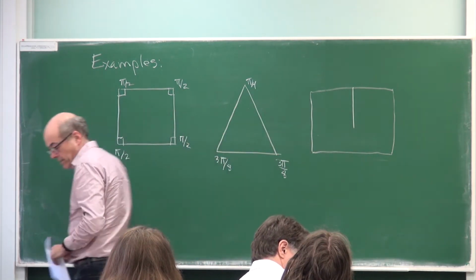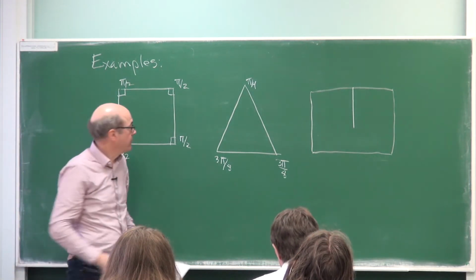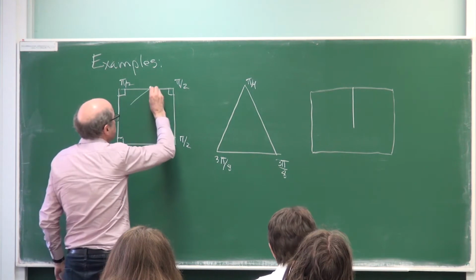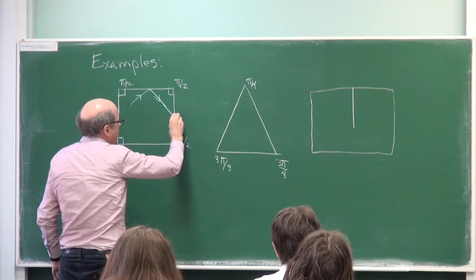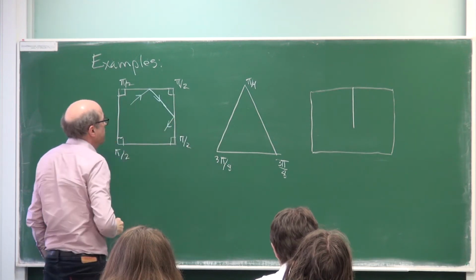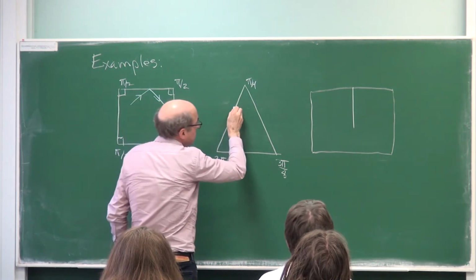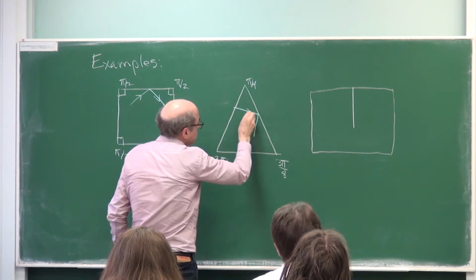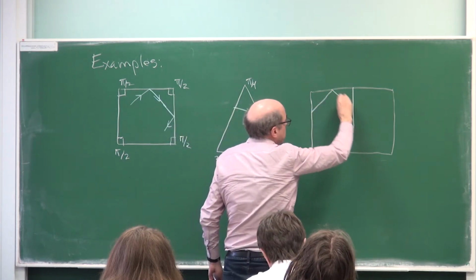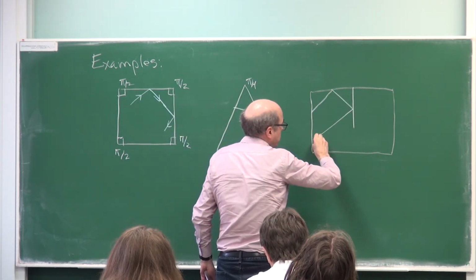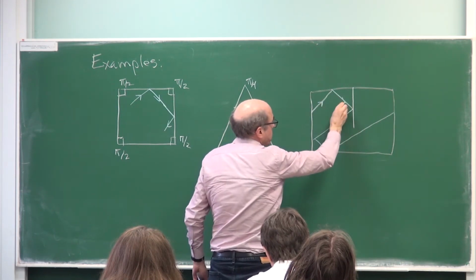And then I'm interested in the behavior of billiard trajectories in these tables. So those would be paths traveling at constant speed, so that the angle of incidence is equal to the angle of reflection. Or here we might have something that bounces off the barrier at one point and then goes to the other side, something like that.